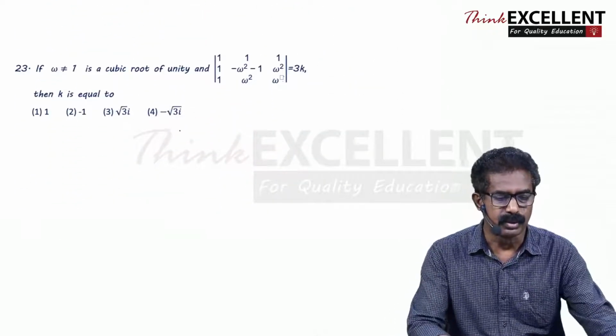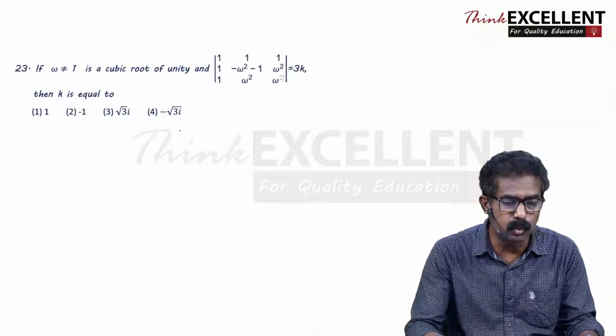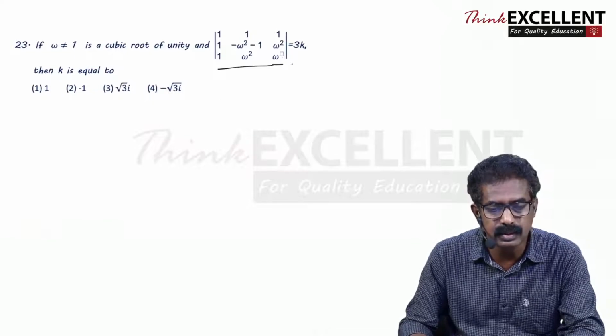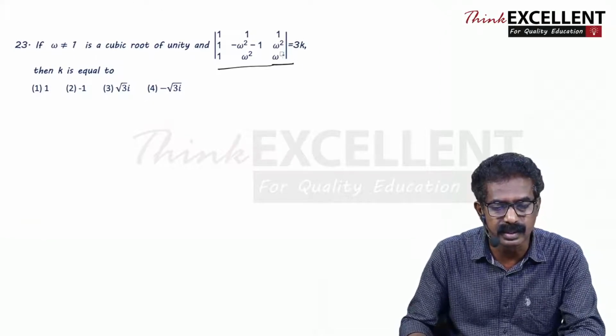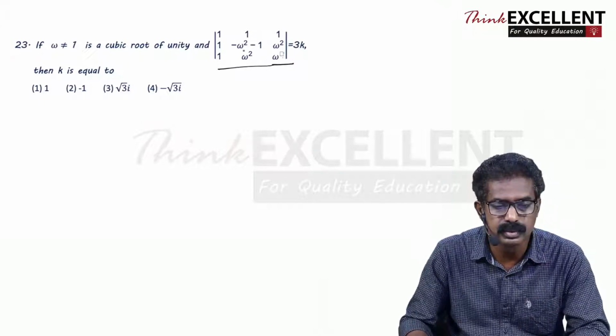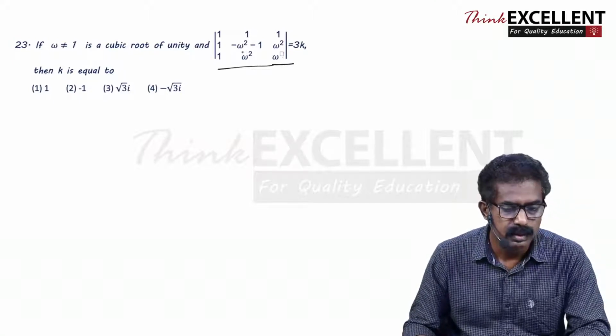Okay, now just few more questions. Question number 23. In omega, omega not equal to 1 is a cube root of unity. This is equal to 3k. They asked to find k value, right? So here the easy method is, 1 is there. Second row, see the answer.